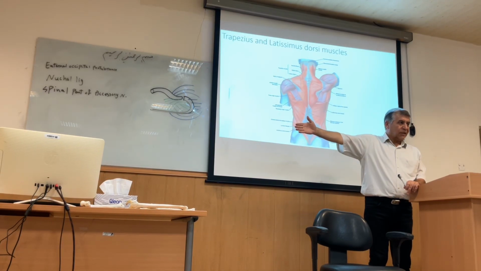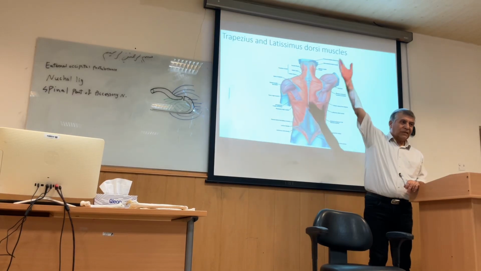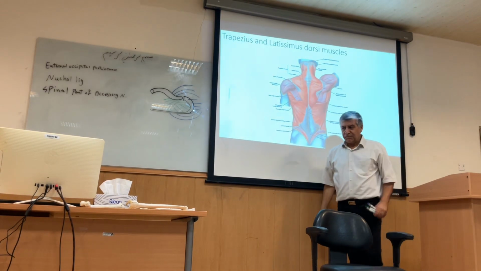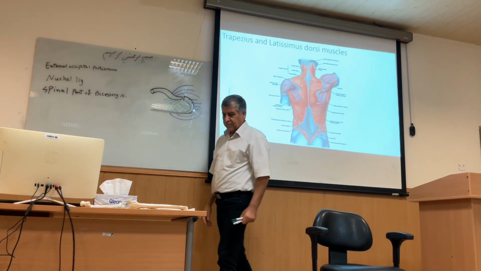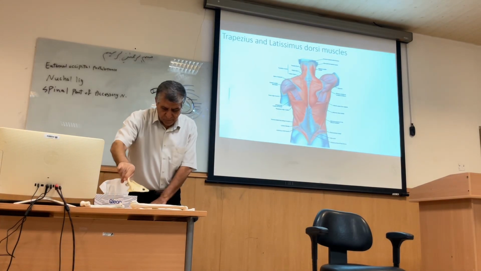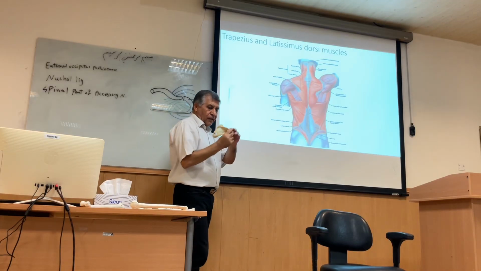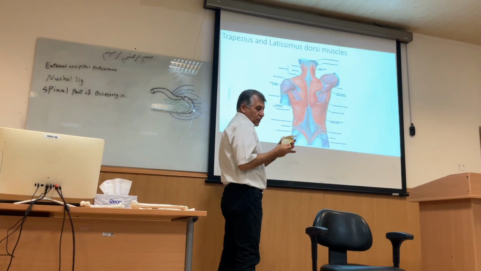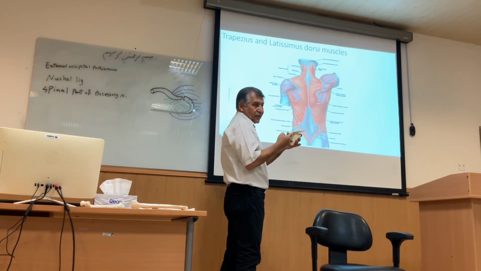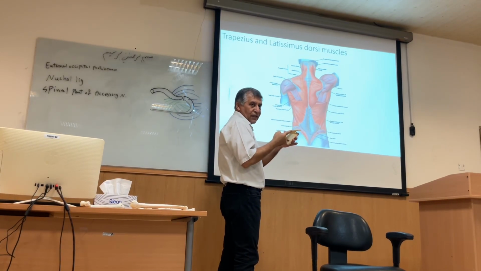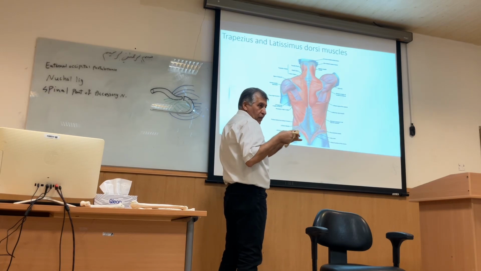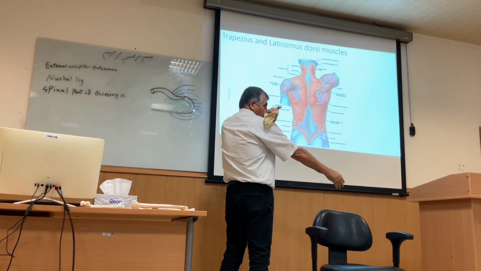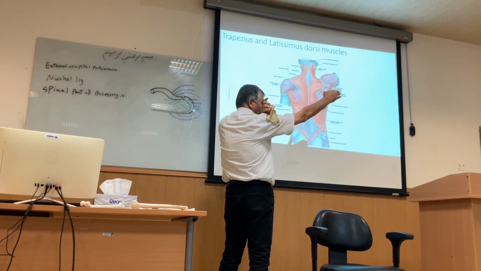Up to 90 degrees by deltoid, after it by trapezius. This one is my scapula. Okay. The lower fibers insert to the spine of the scapula. Okay. Abduction above 90 degrees, this function.